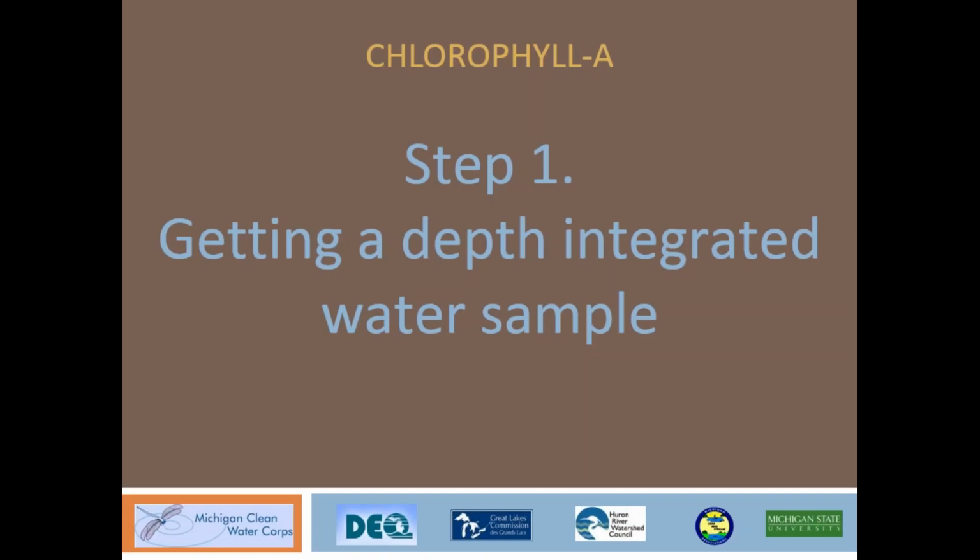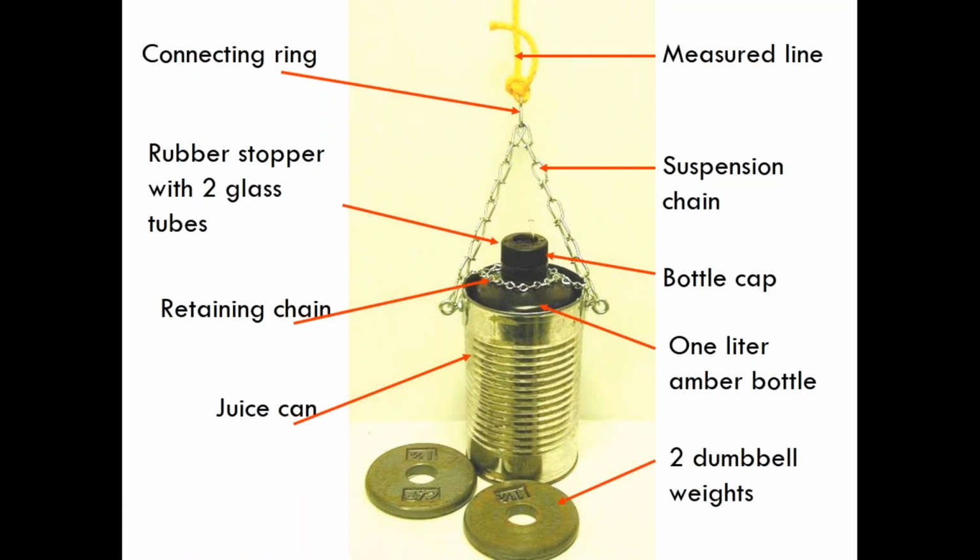Okay, let's talk about step 1 here of how to take the measurement. This is what your sampler looks like. This thing can be fully disassembled. You can unscrew that cap and pop out a rubber stopper that has 2 glass tubes in it. Once you do that, then you can loosen up that retaining chain, and that whole amber bottle can come right out of this contraption.